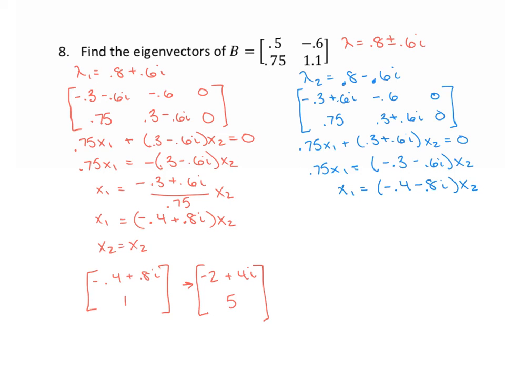If we look at this in vector form, knowing that x2 is x2, it's going to look really similar to the last one. And again, we can multiply by a scalar to clear the decimal.